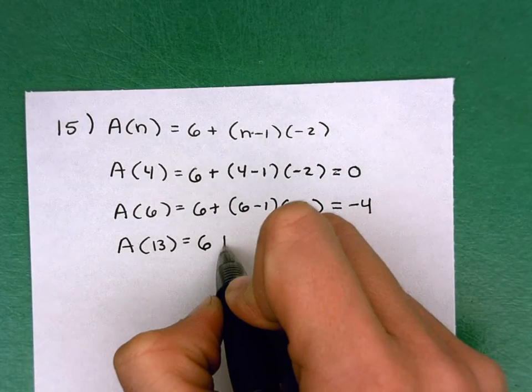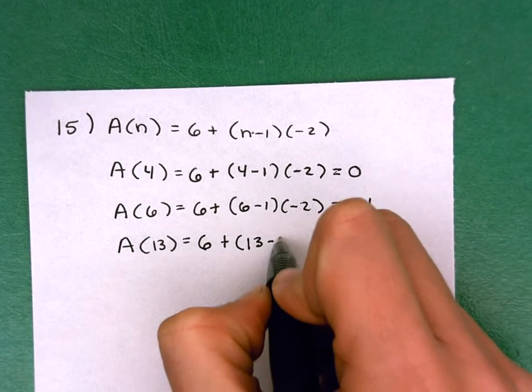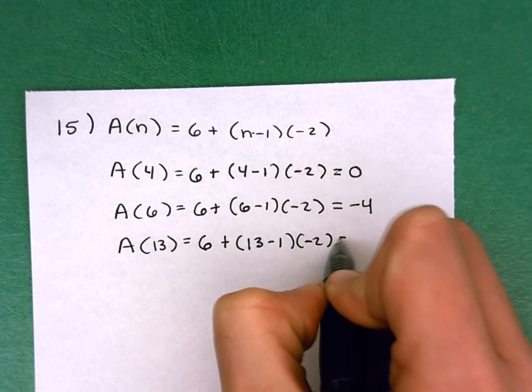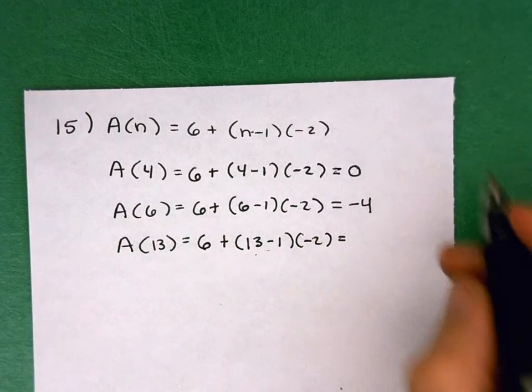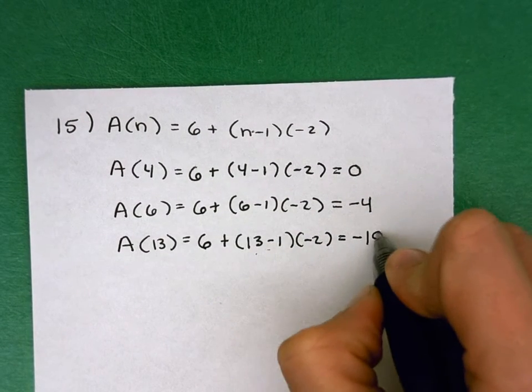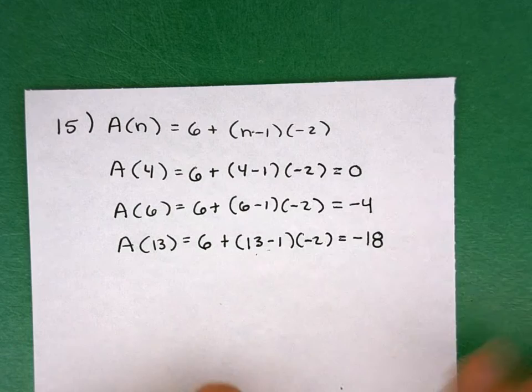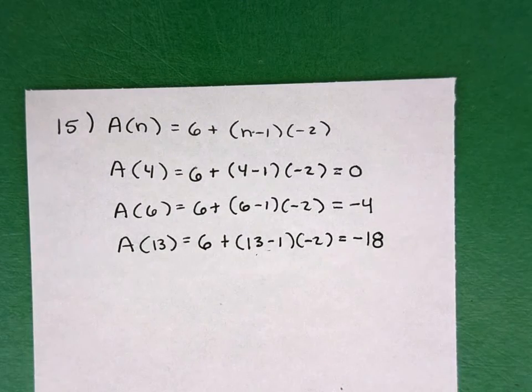And for that 13th term, we're going to plug in 13. Okay, 13 minus 1 is 12, times negative 2 is negative 24, plus 6 is negative 18. Okay. So that's what an explicit formula allows us to do.